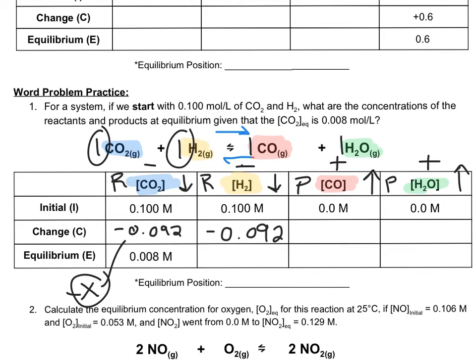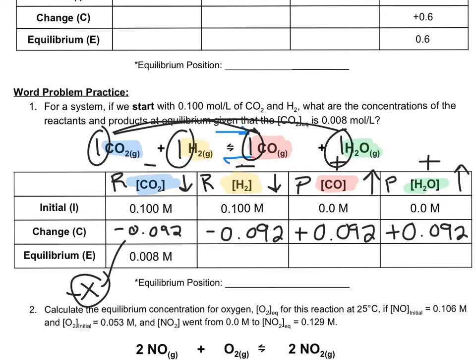CO2 to CO is a 1-to-1, which means this product is going to go up by the same value, 0.092. CO to H2O is also a 1-to-1, so this one is also going to go up by 0.092.